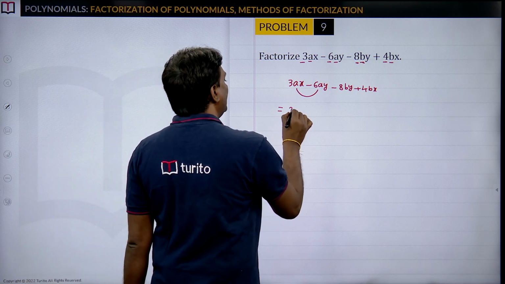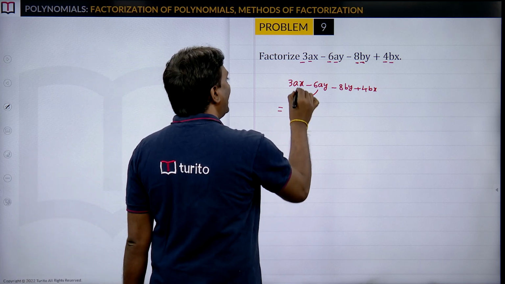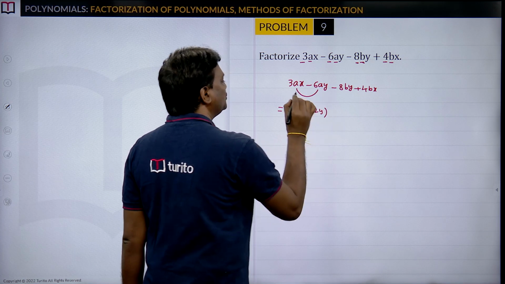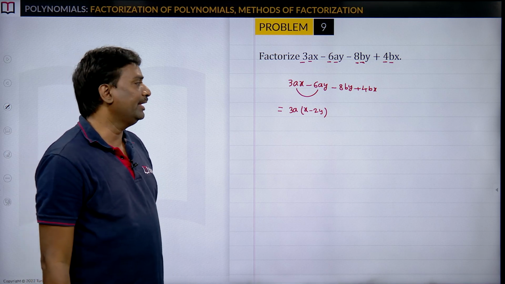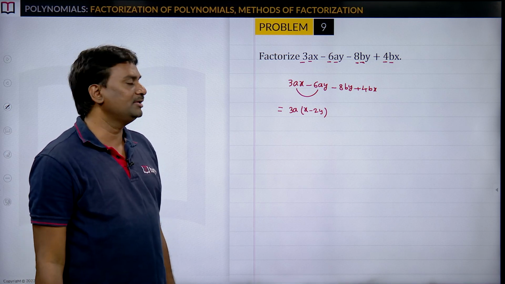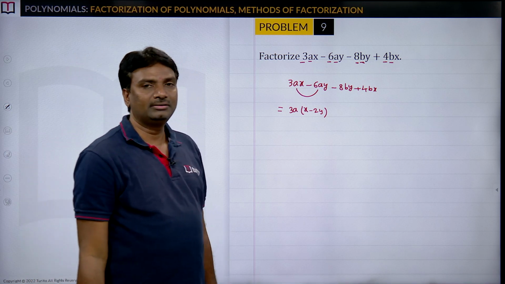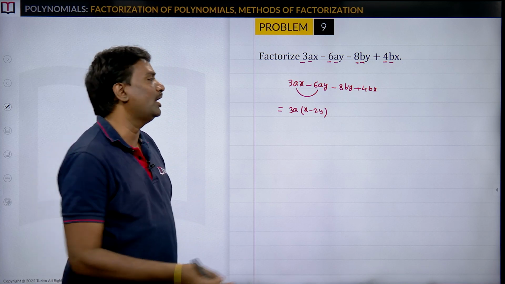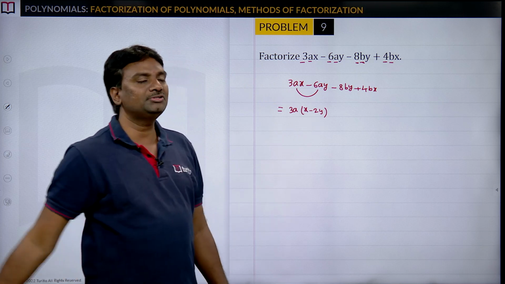So, by taking 3a as common, here we have x, here we have minus 2y. From 6 we have taken 3 as common, the remaining part is 2. And by taking a as common we have 1, so 2y into 1 is 2y.